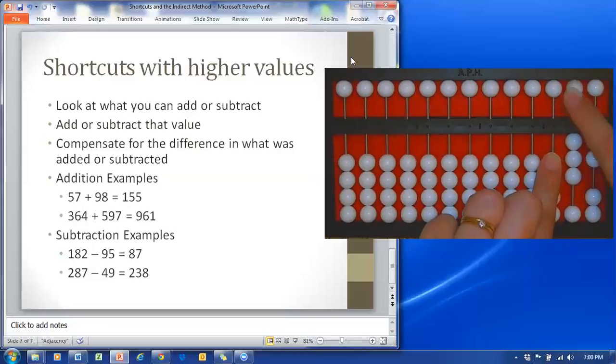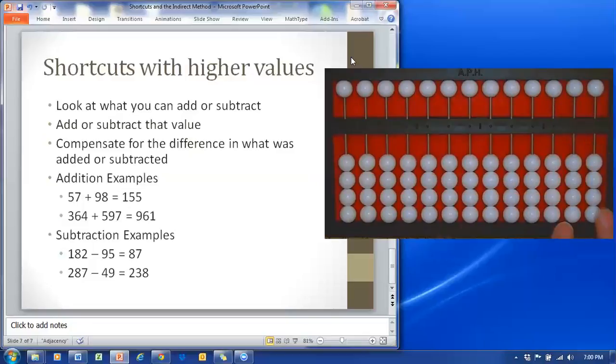One more example. 287 minus 49. 287. Now for this one, I want to subtract 49.